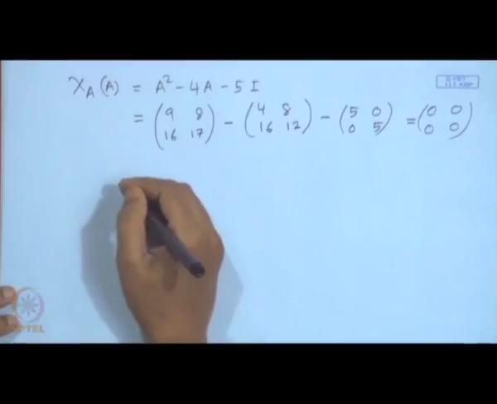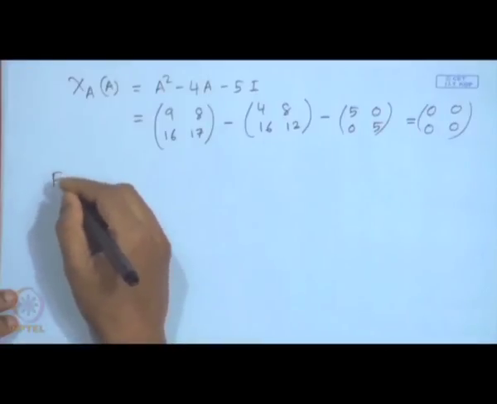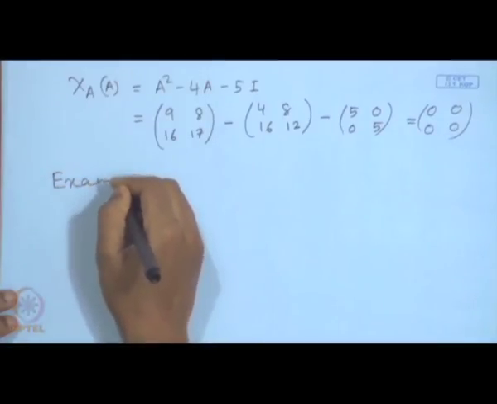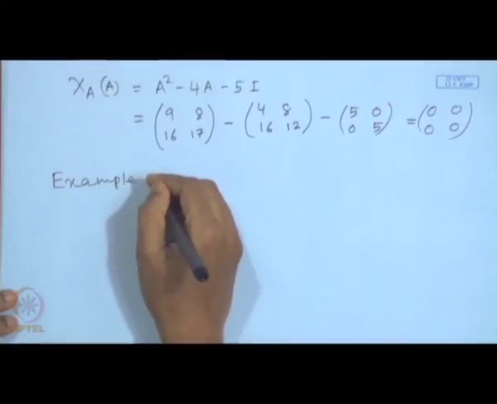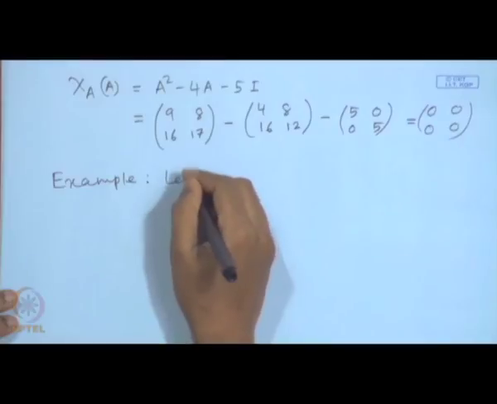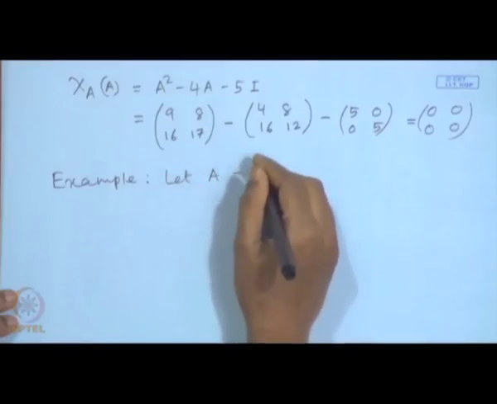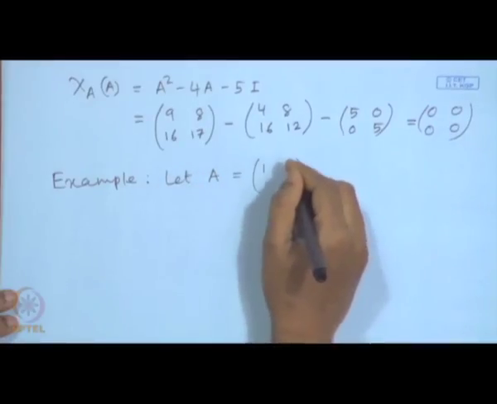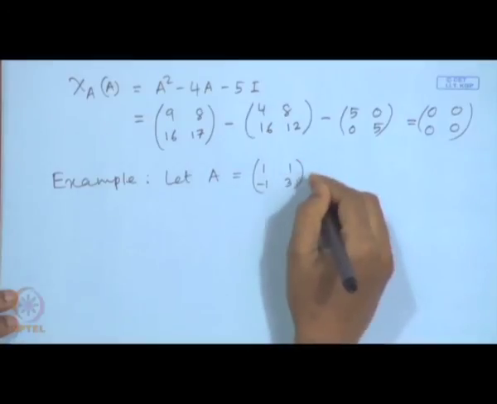So, using this Cayley-Hamilton theorem, we can find higher powers of matrices. We can also compute the inverse of a matrix. So, this Cayley-Hamilton theorem is very useful. Let us see one example in support of this. Here we consider A to be the matrix 1, 1, minus 1, 3.